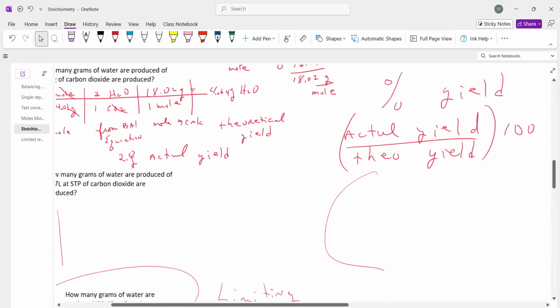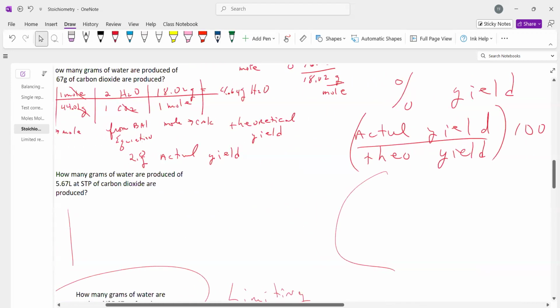So everything we've been doing up to this point is a theoretical yield. Life is not that way. You don't get a theoretical yield most of the time. You get something.